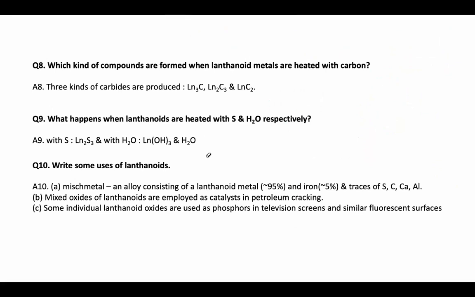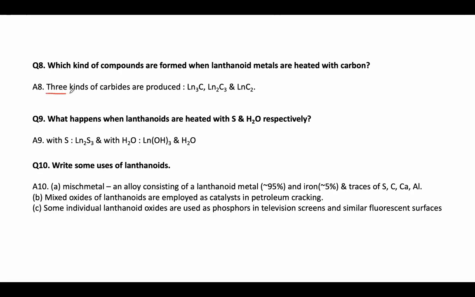Which kind of compounds are formed when lanthanoid metals are heated with carbon? Whenever lanthanoid metals are heated with carbon, different kinds of carbides can be formed.